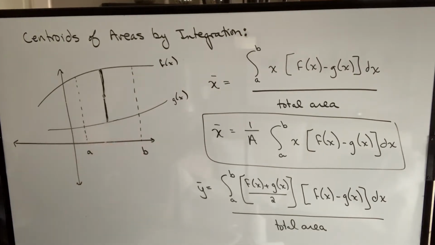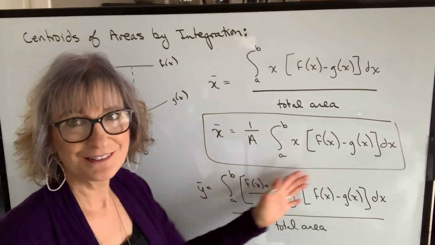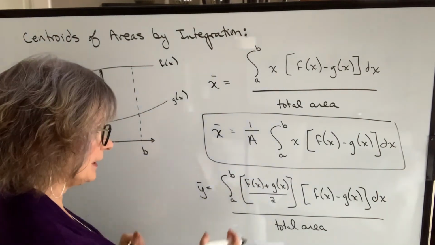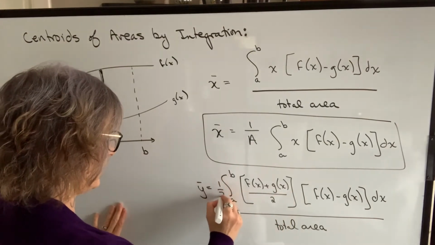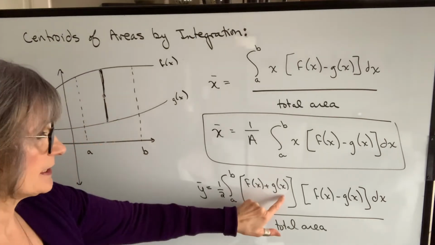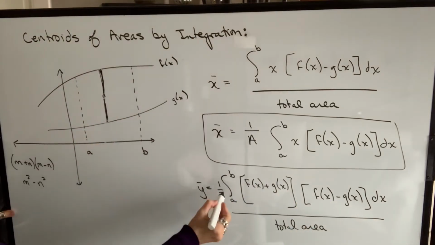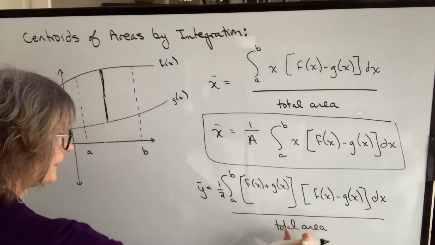And now I want to simplify this because I don't want to have to do this every time I need to calculate the centroid. Because I can take this 1/2 and pull it out front of my integral sign, I'm going to do that. And then I'm going to simplify this. In simplifying that, I'm going to combine the 1/2 that's outside of the integral sign and divide that by the area.